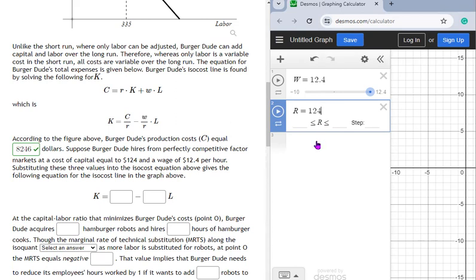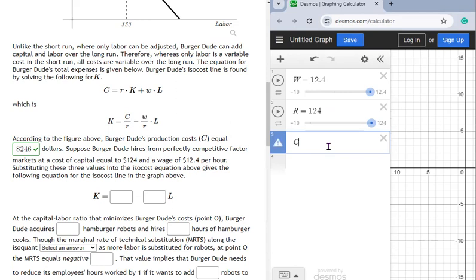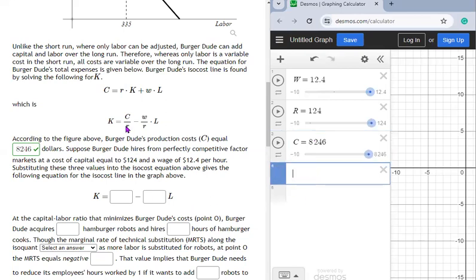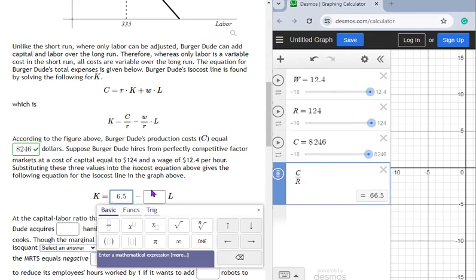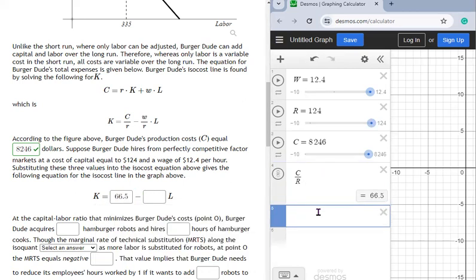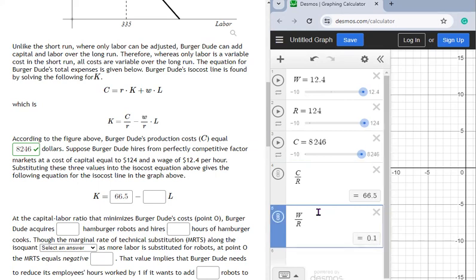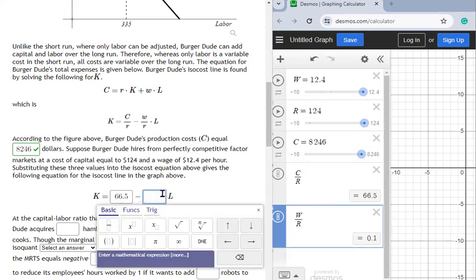And then the production cost in the graph was 8,246, right? So the intercept of the isocost line that corresponds to this cost is that cost divided by R. So if we do C divided by R, we get an intercept of 66.5. And then we get a slope equal to W, the wage rate, divided by the hourly unit cost of capital. And so that is 0.1.